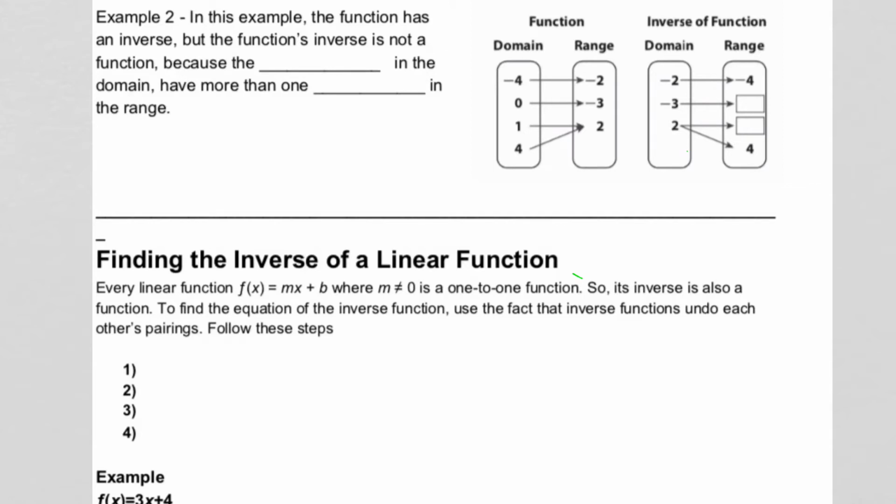The reason is that you can't have one input going to two outputs. That violates the rule of being a function. One output can come from two inputs, but one input cannot have different outputs. These are different for the two. These are the same for the two.